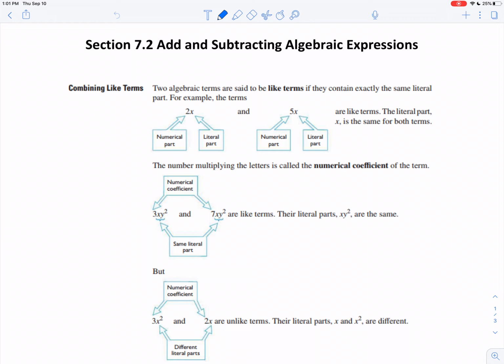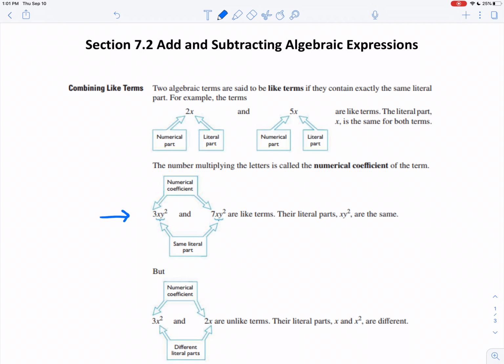And so the main thing that we have to remember is we can only add or subtract, combine terms that have the same literal parts. So for example, here, if we look at the literal parts, the parts with variables, they are exactly the same. XY squared, XY squared. And so because of that, we can combine them.